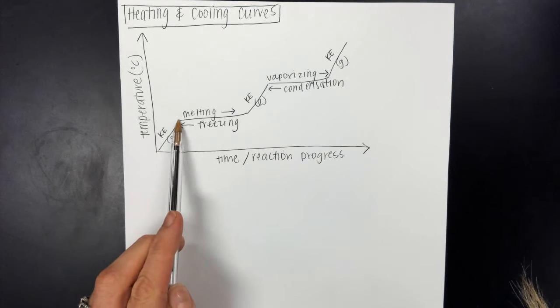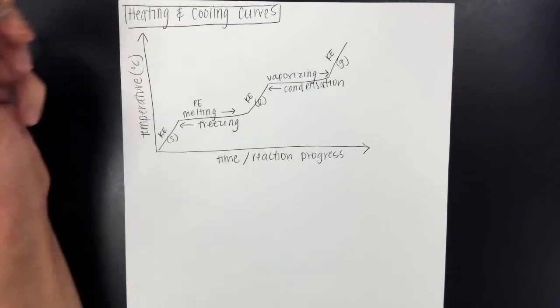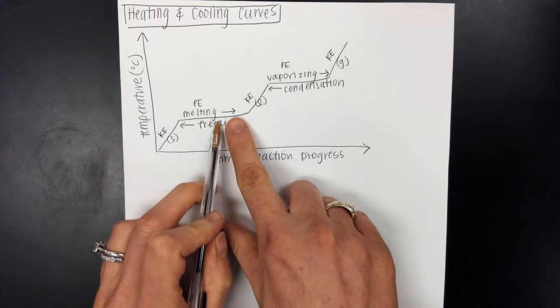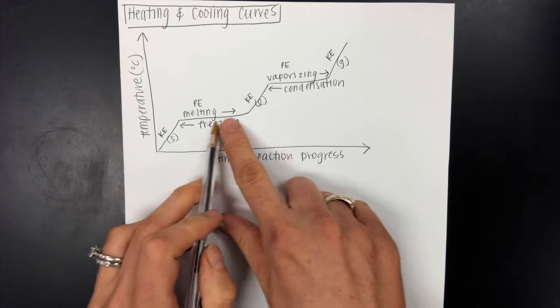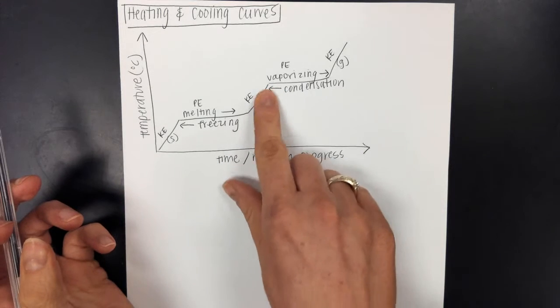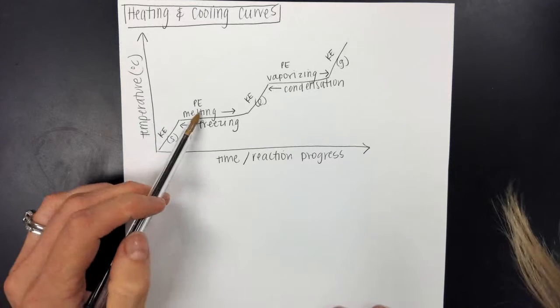However, as you are going across these phase changes, you are getting a change in your potential energy. You are increasing the potential energy on these plateaus and increasing the kinetic energy on the increasing temperature lines.